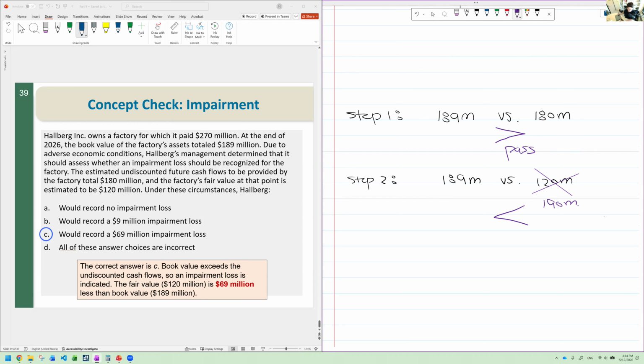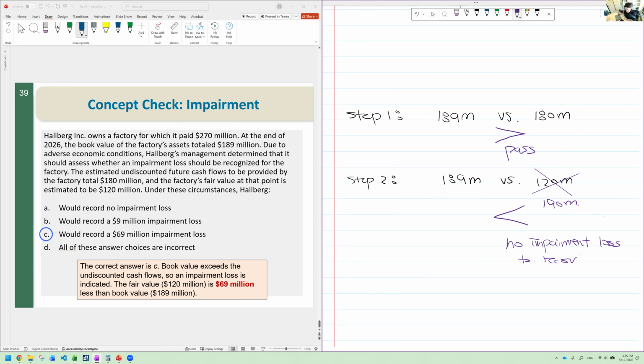In this case, even though we determined in step one that this asset is subject to impairment loss, when it comes to calculating the amount of impairment loss, we determine that there is no impairment loss to record.